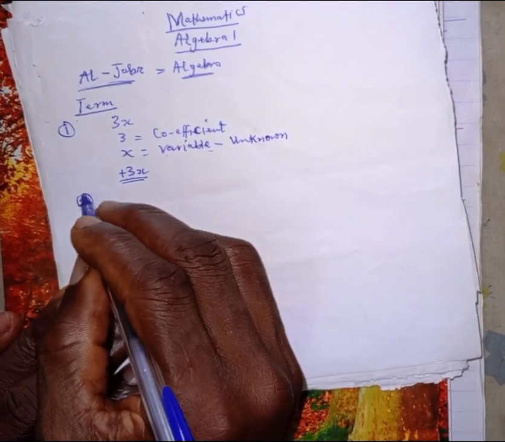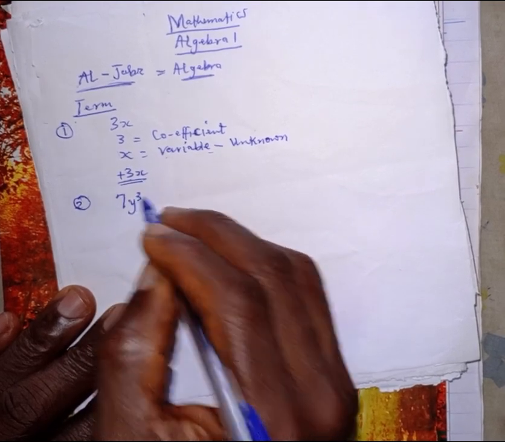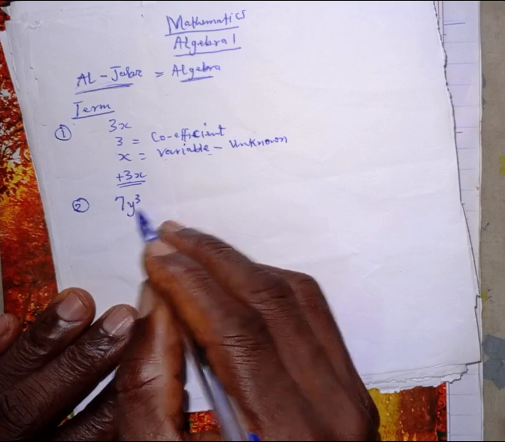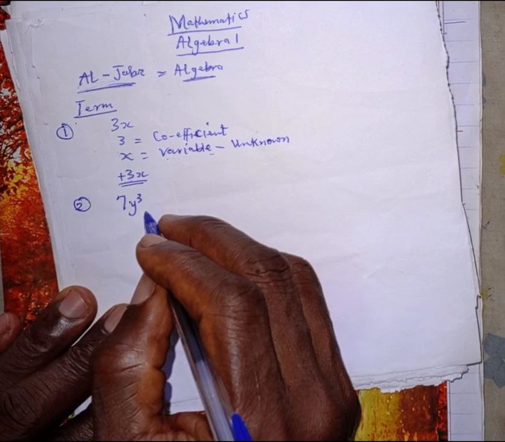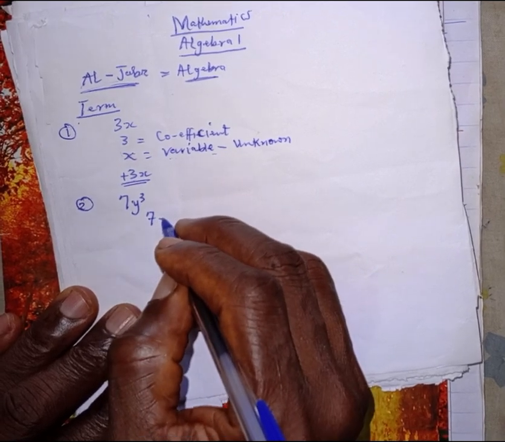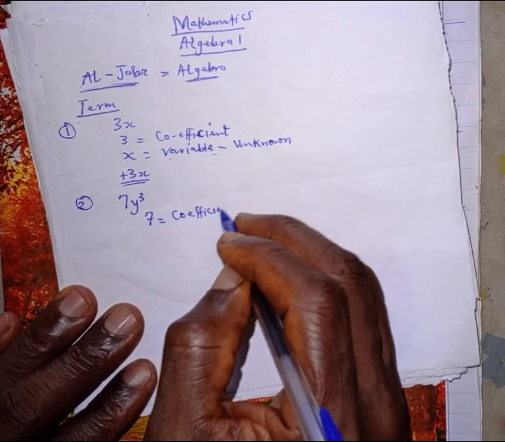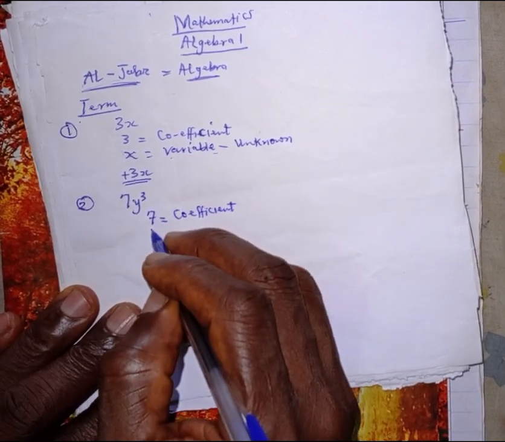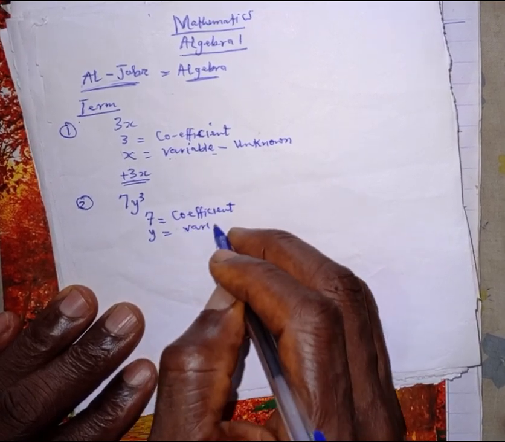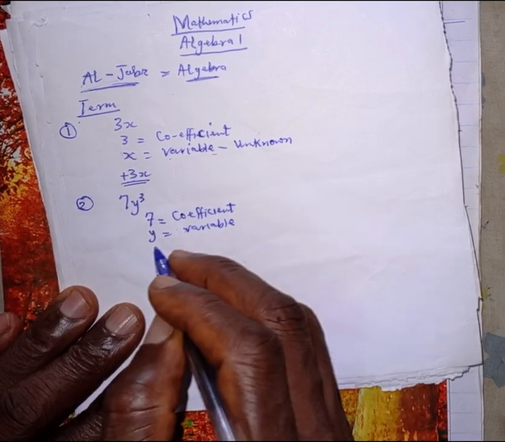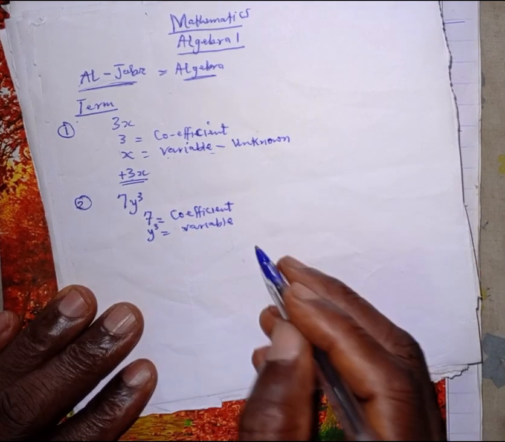Another term. Let's say 7y raised to power 3, or 7y cubed. We say 7 is the coefficient and y raised to power 3, or y cubed, is the variable.